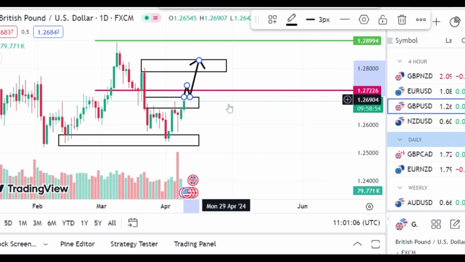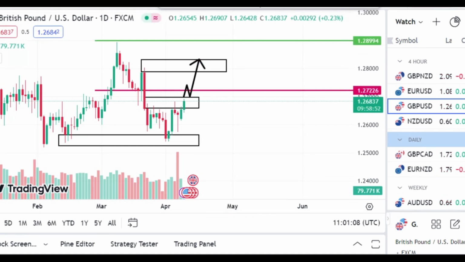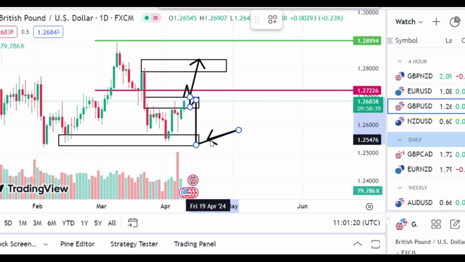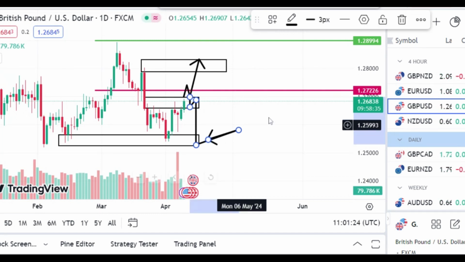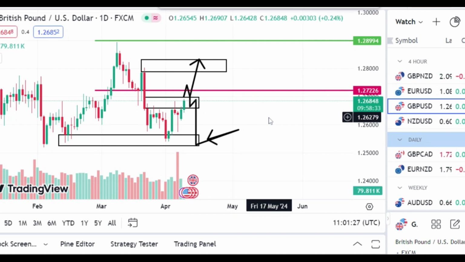If it does not break this zone, then you wait for a retest, and you use that retest to sell this market. So that is the first thing I'll use to enter the market. That is how I will analyze the market in the first place.